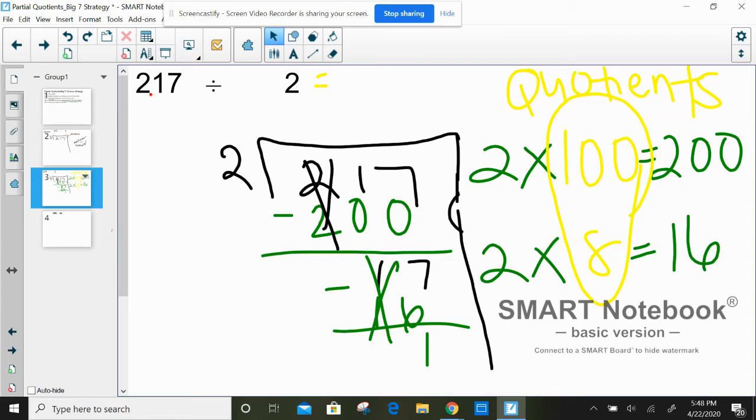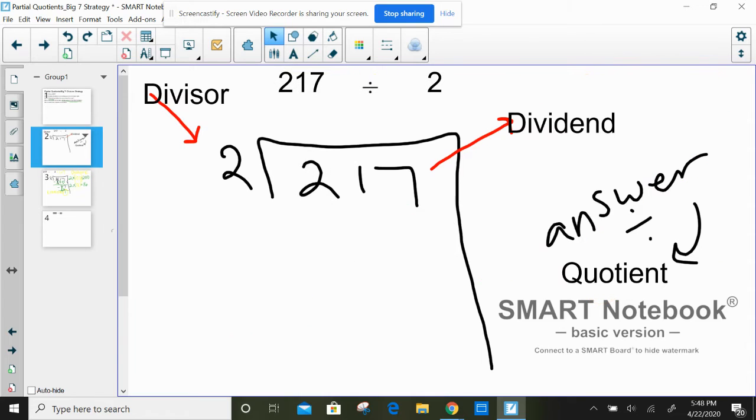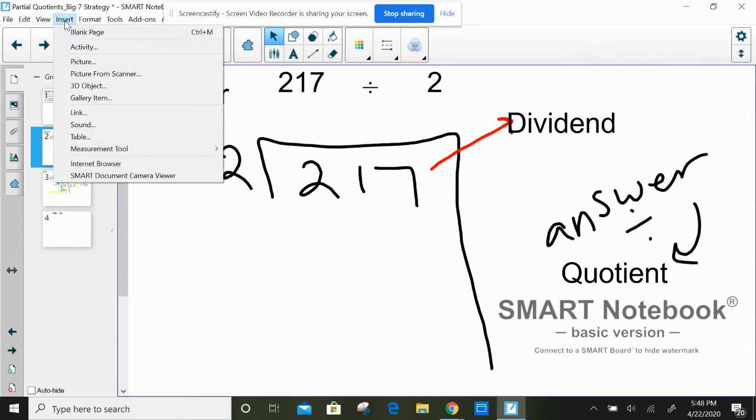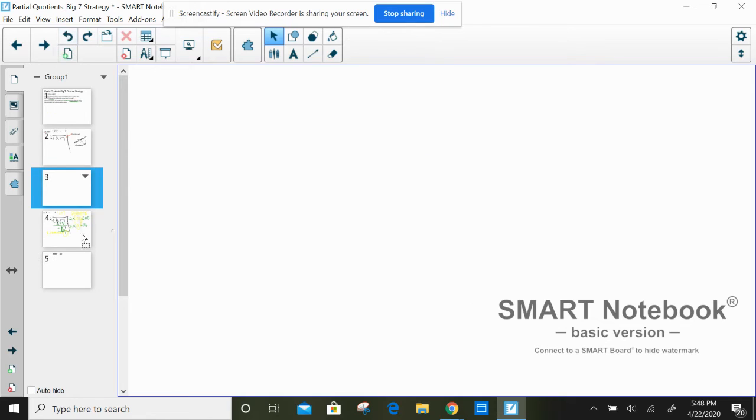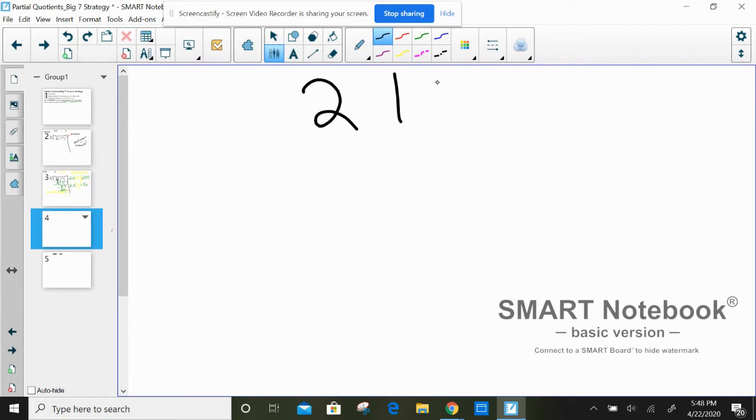What this means for our problem is that 217 broken into two groups would mean each group has 108, okay? And this 1 down here is a remainder. So we'll go back to our cookie scenario. Let's say I have 217 cookies.